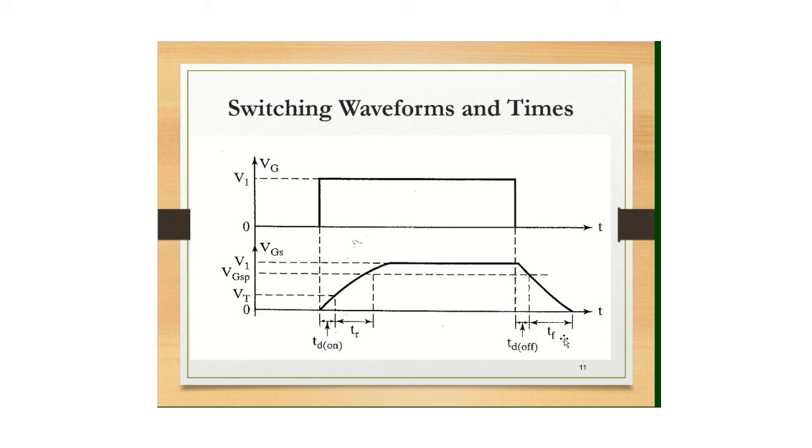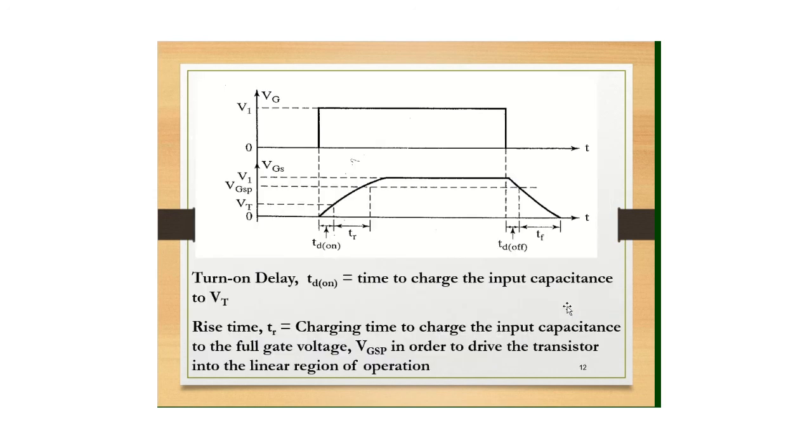So only after this, when VGS is below the threshold voltage, the device will turn off. So that is your switching characteristics.